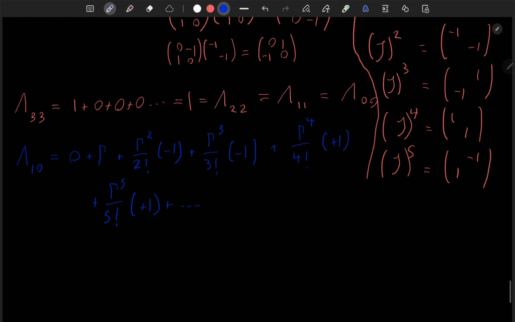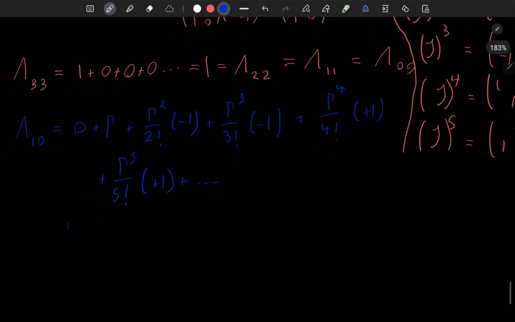Now we want to find a power series that recreates some real function. Let's factor out gamma. So we have 1 plus gamma over 2 minus gamma over 2 plus gamma squared. That'll actually be a minus, 3 factorial.